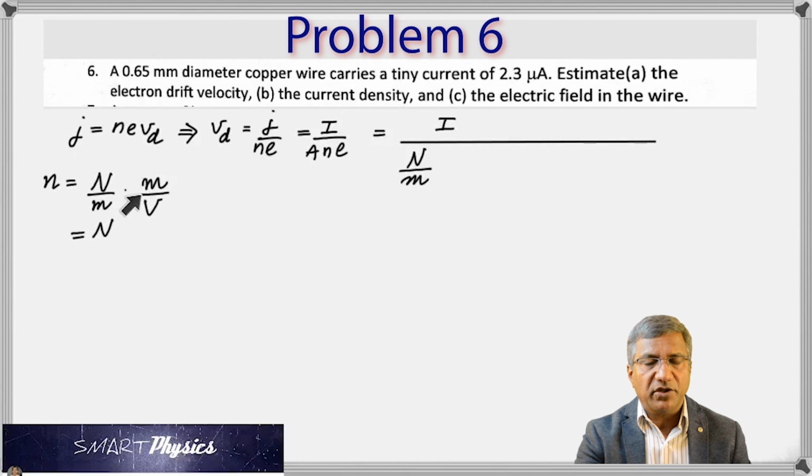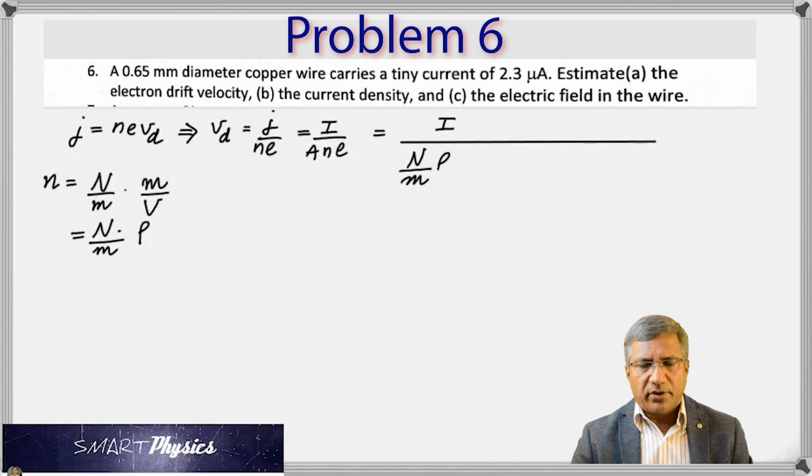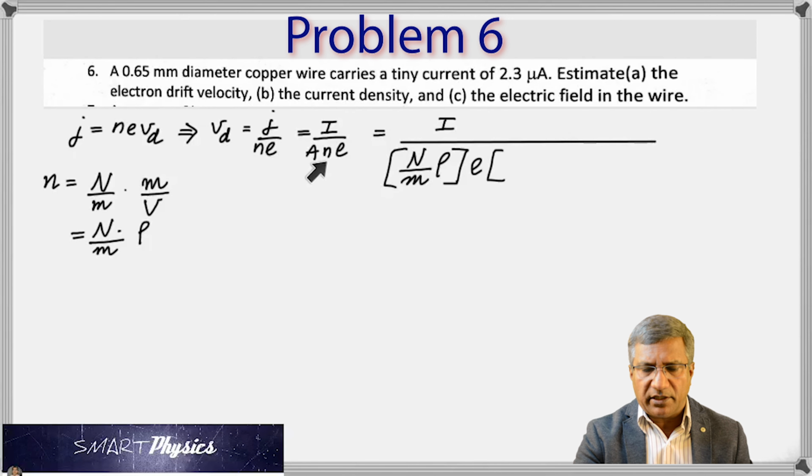That's what we have here, because the masses will cancel out. But remember that mass by volume is density. So that's what I'm going to represent the little n as. So the little n here is represented by N rho by M, density.